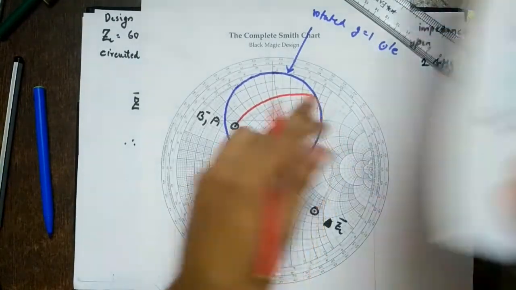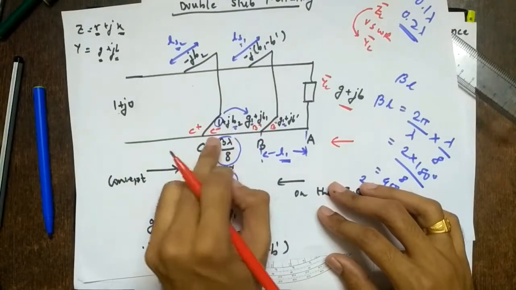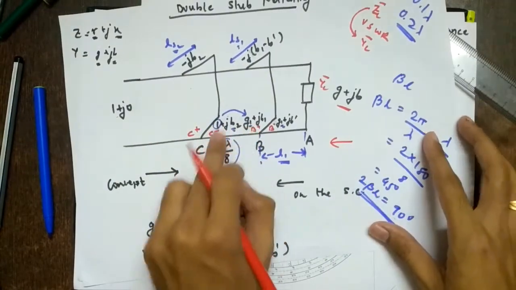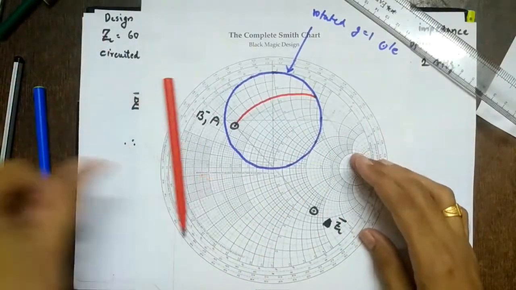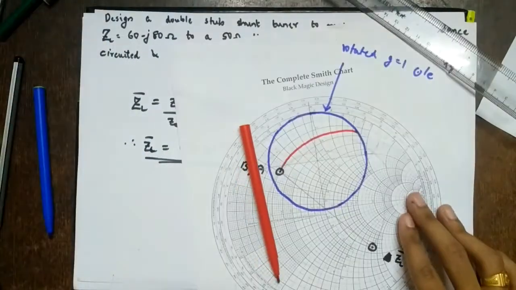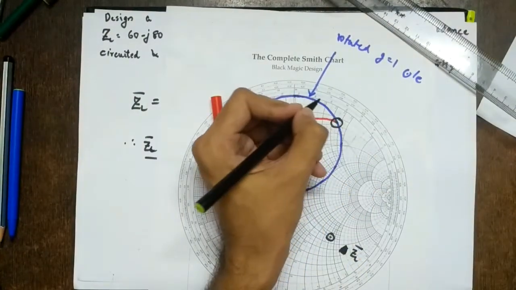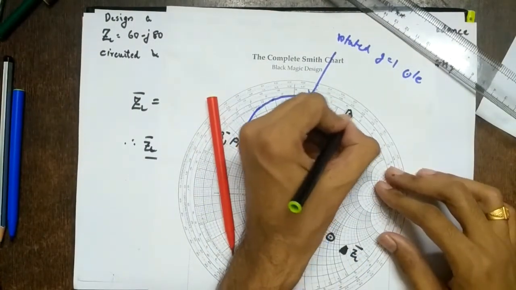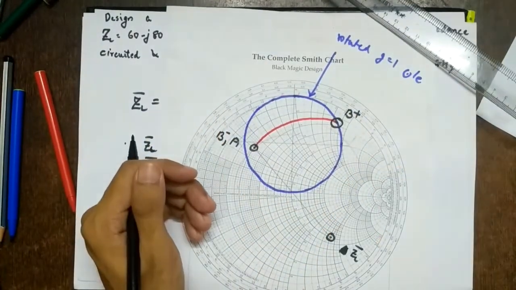Why do you have to stop at this point? Because this is the rotated g equal to 1 circle. You are in this circle now, in between this region, so you have to stop here. Mark that point. Which point is this? B plus. Fine, so we have come till B plus.